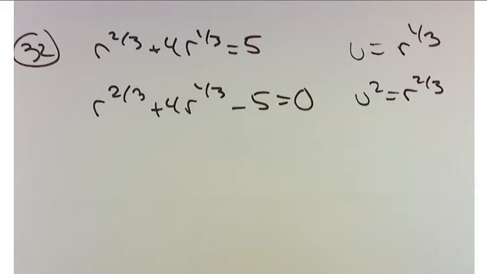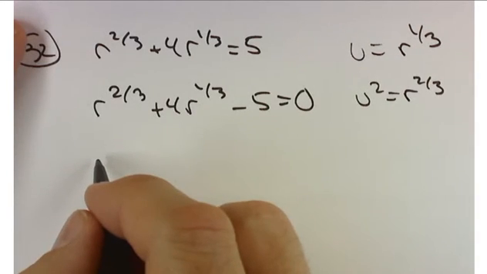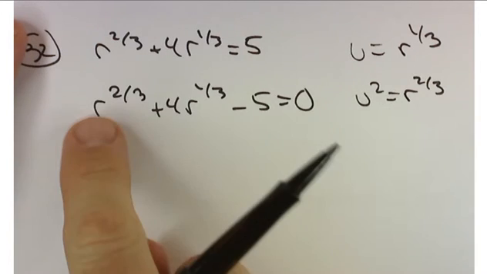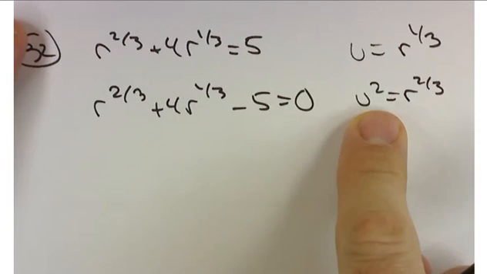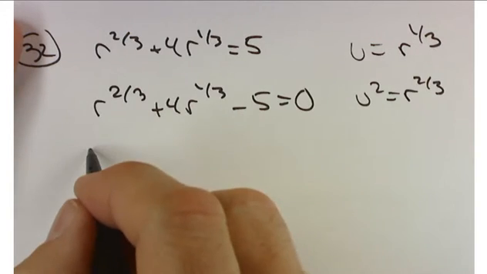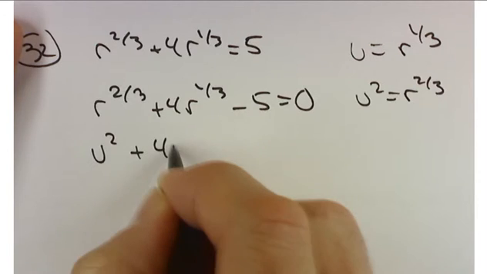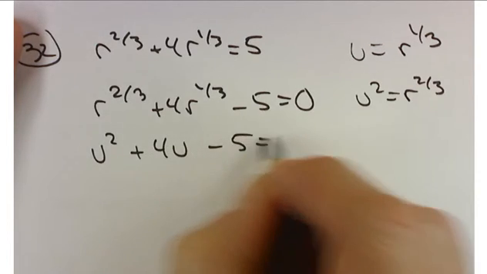Mindy, what would our equation look like with these substitutions, please? Instead of this, what could I write? Maybe some help? U squared plus 4U minus 5 equals 0.